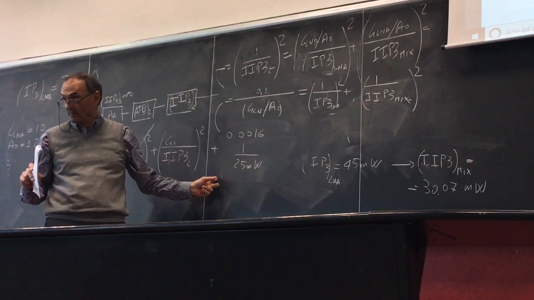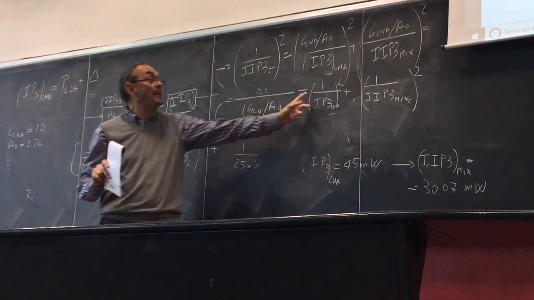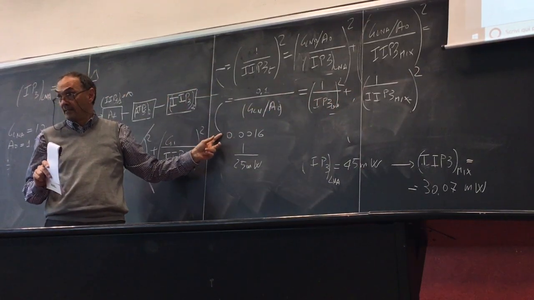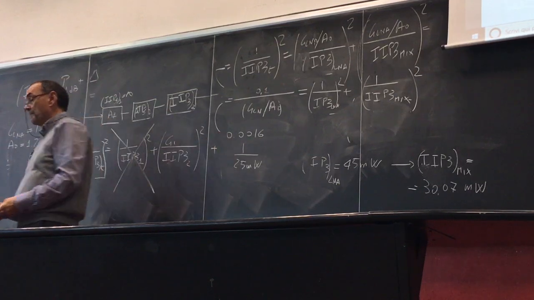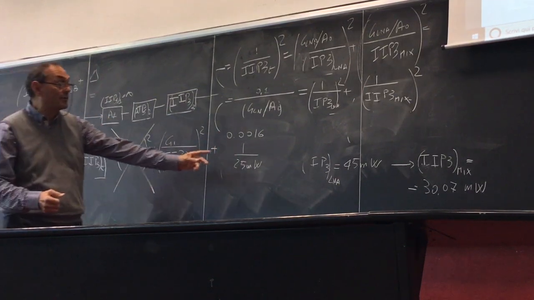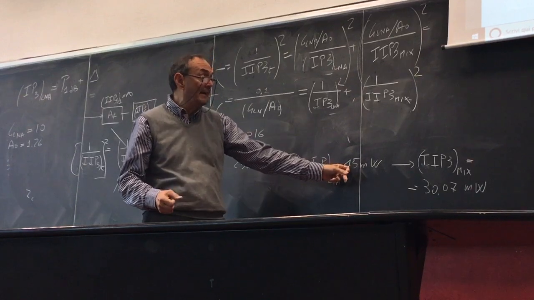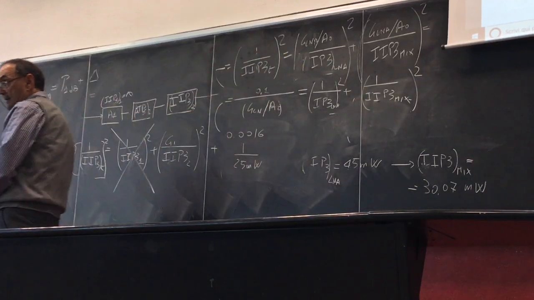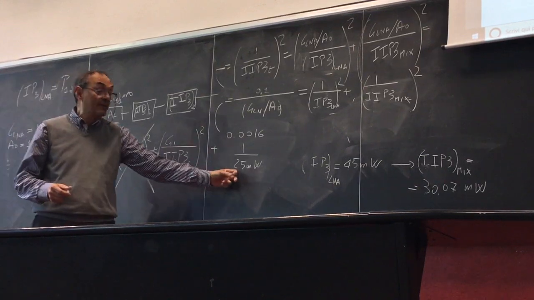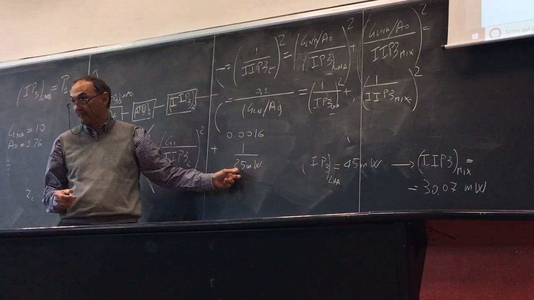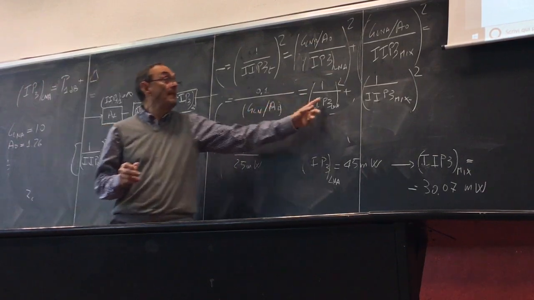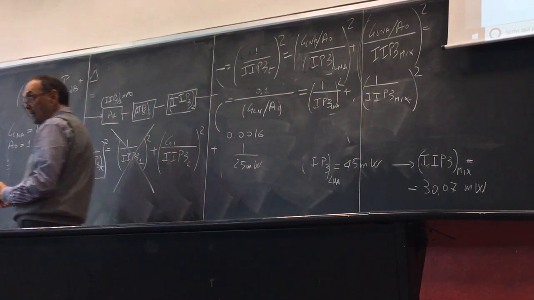Is it clear now? In order to satisfy that the sum of the two must be equal to 0.0016. And so this is the choice. We have chosen IP3 45 and IIP3 30. As you can see, both of them are larger than 25. Because in order to satisfy this requirement, the two terms here and here must be larger than 25.